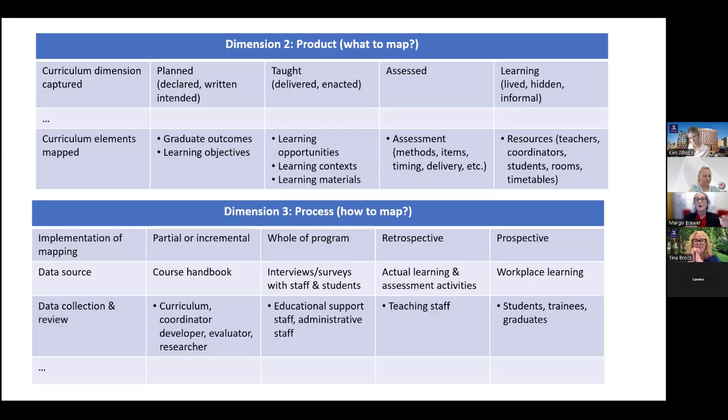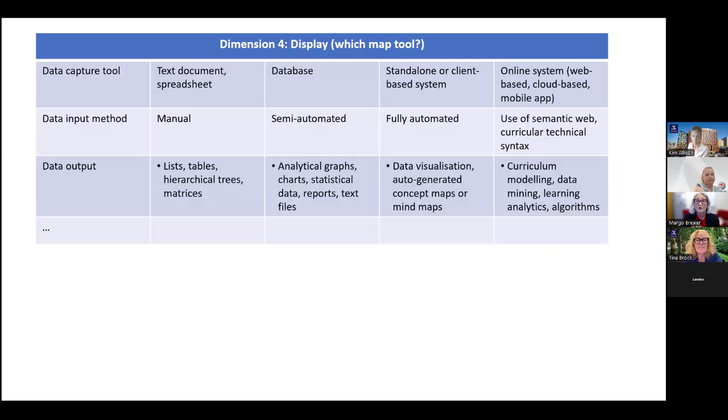And then the dots in these slides represent that there's lots of other detail in this actual typology. And then the last dimension is actually how you're going to end up displaying what you've ascertained from that process. So it talks about the data capture tools, the data input and output methods, and other aspects.